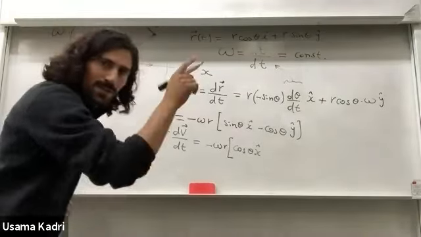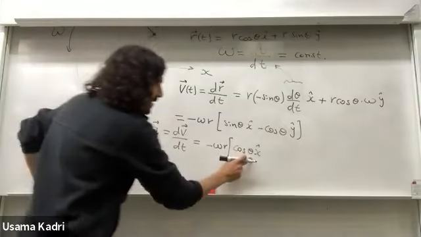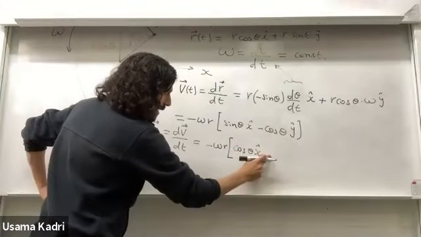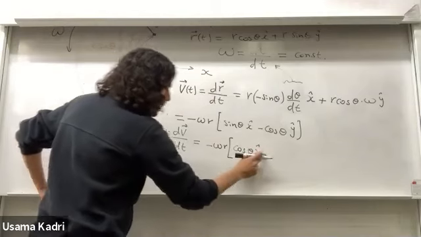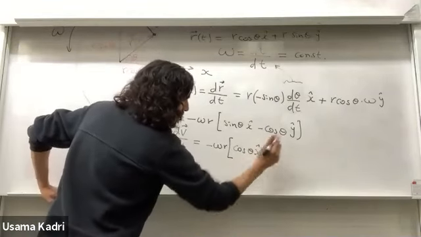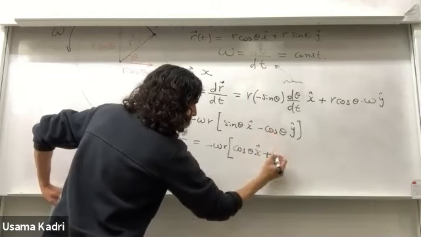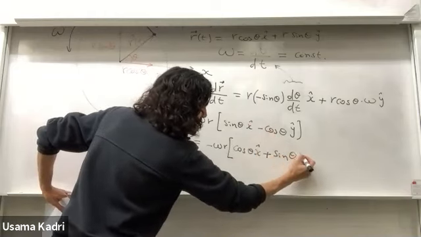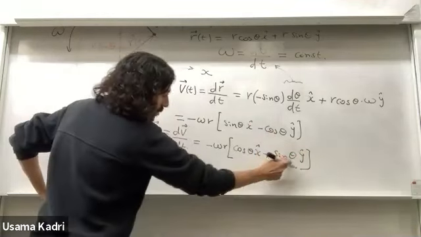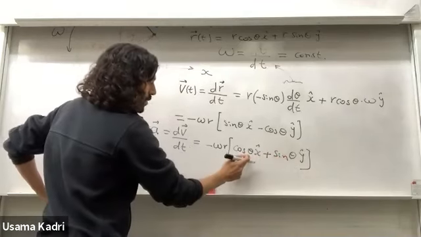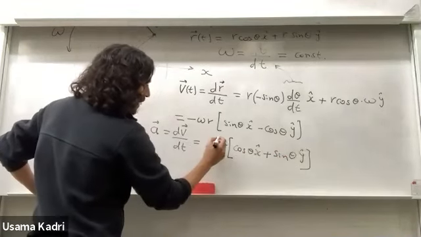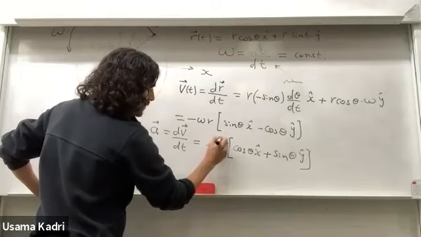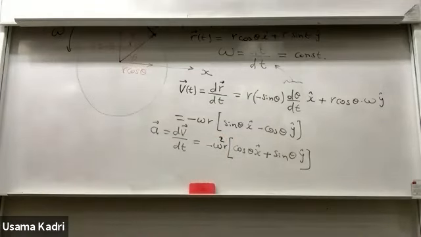Don't forget the d theta dt. That would give one omega. Let's keep that in mind. And this minus here would give us plus sine theta in the y direction. There's another omega here. So one omega here and one omega there. We're going to have omega squared. I put it outside.